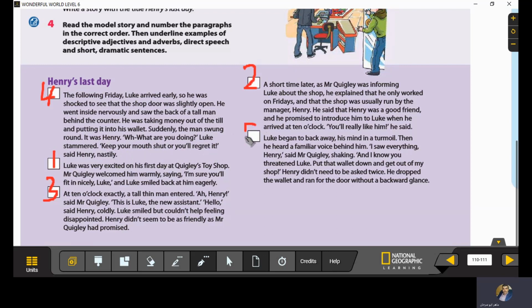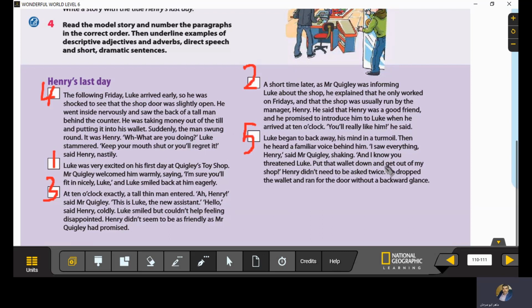Okay, so let's go to the last event of our story here. Luke began to back away. His mind is troubled. Then he heard a familiar voice behind him. "I saw everything, Henry," said Mr. Quigley, shaking. "And I know you threatened Luke.